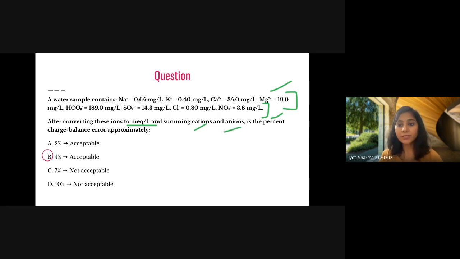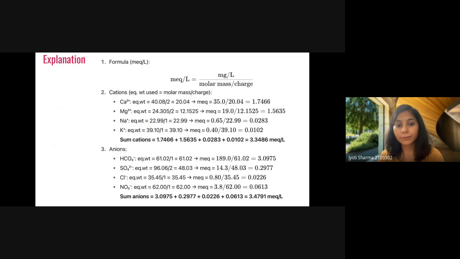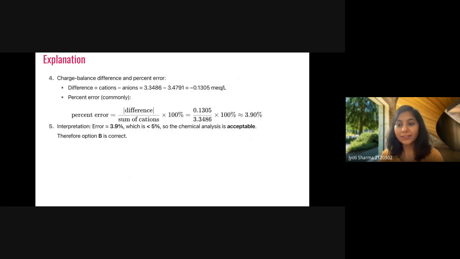We will have the difference, then we will calculate the percentage error, because hypothetically and in the real world cation should be equal to anion as per the chemical equation, right? I don't think this is much more chemistry. I think this is just a little concept of chemistry.